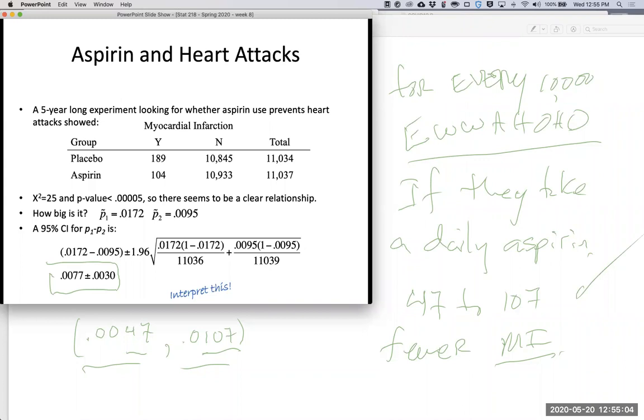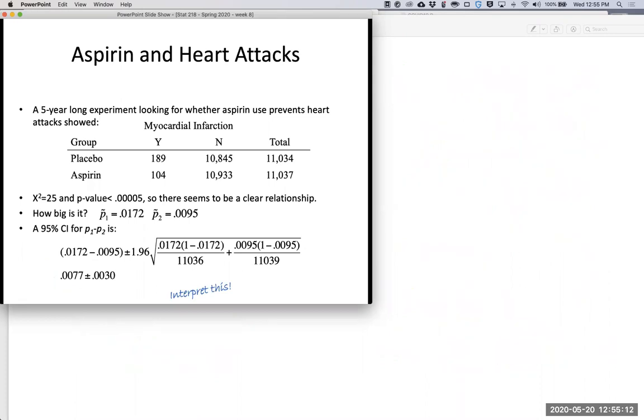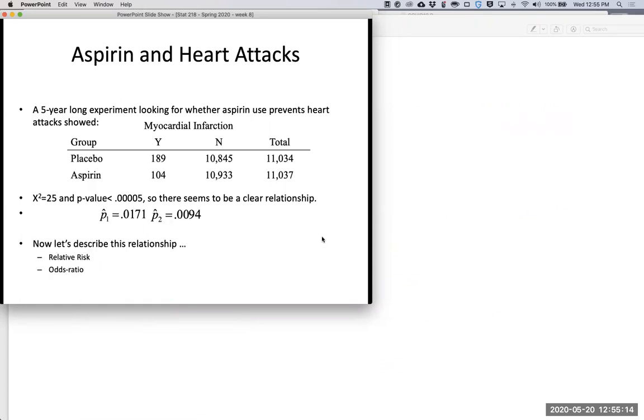So 47 to 107 fewer heart attacks if you take the daily aspirin. I like that. It's a good thing. Okay, so that's just one way of tackling the problem of what is the relationship between aspirin and placebo.